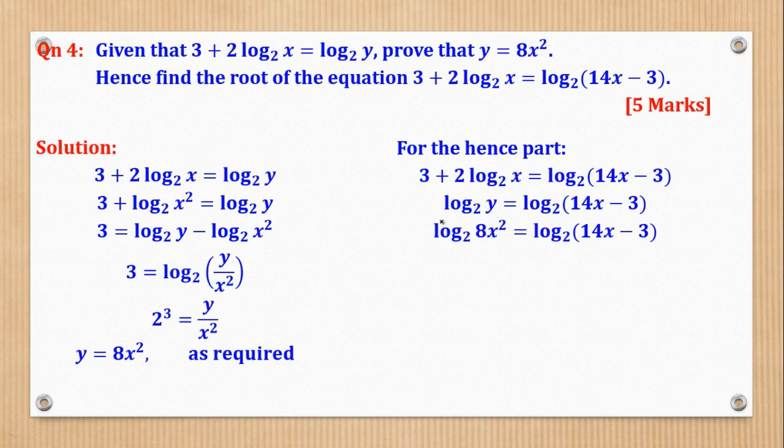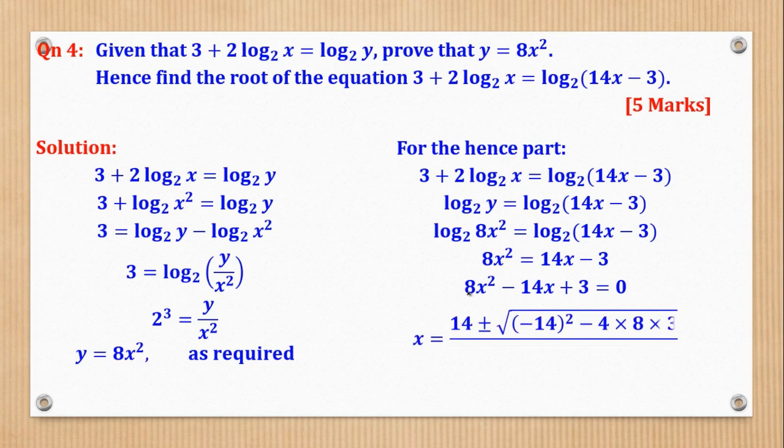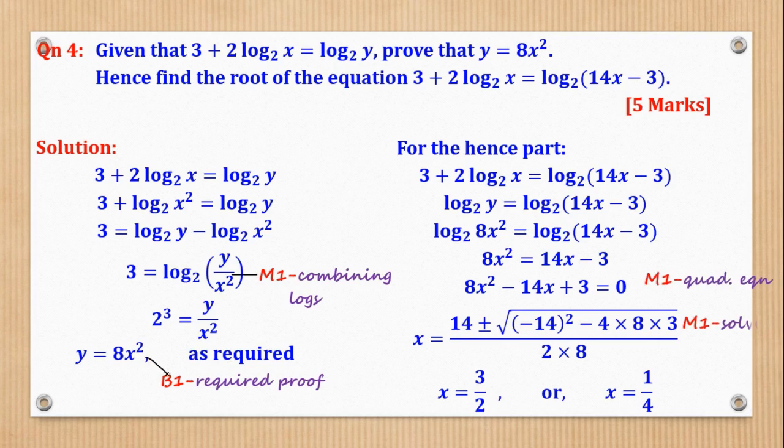Then I realize that this is the same base, log base 2, log base 2, so it can cancel to remain with this. This can be rearranged to get a quadratic equation, and this equation can be solved using the quadratic formula to give you the two values of x which they wanted. So one mark was from there, another mark was the required x proof, then the quadratic equation, solving it, and both outputs. And that's how the 5 marks would come about.